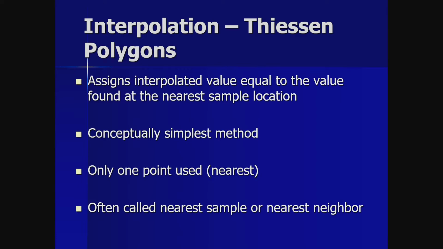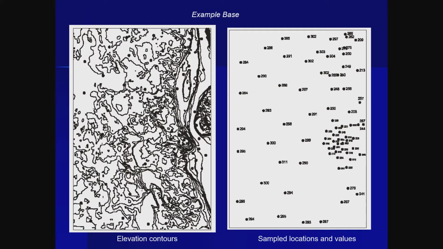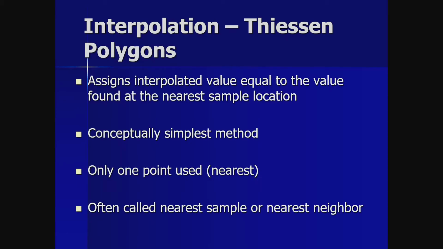With all these processes, we're going to start with points, overlay a raster grid, and then find out what the value should be at every raster grid cell. So if I started out with my points here and overlay a raster grid, the value of every grid cell is just going to be the closest point. That's Thiessen polygons, or nearest neighbor.